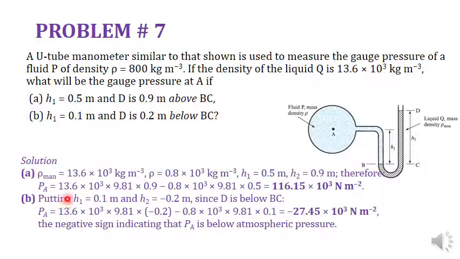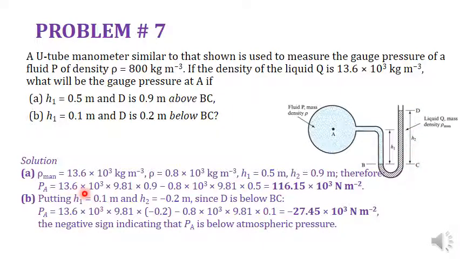So you need to use the same equation at point A. The pressure at point A will be equal to the pressure intensity due to the height of the liquid from point A to point B, minus the height of the manometric fluid from point C to D.